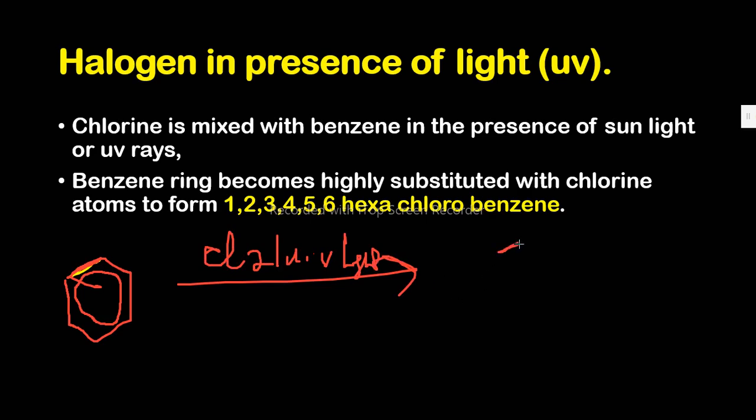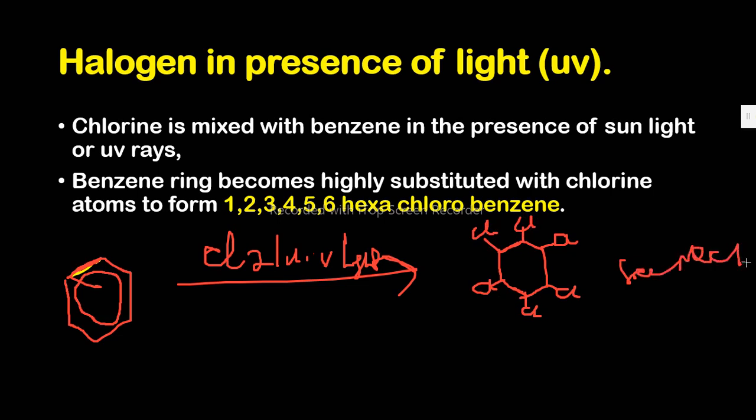Then the halogens will add themselves across this benzene, so that you have the Cl here, Cl here, Cl here, the same, and the same. Okay, and it's a free radical mechanism.